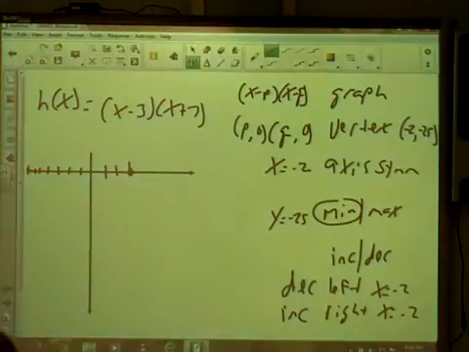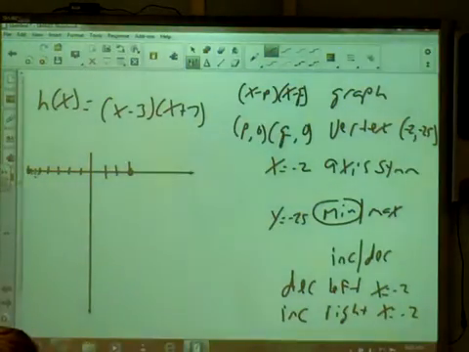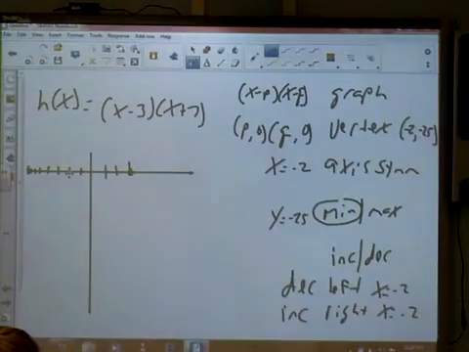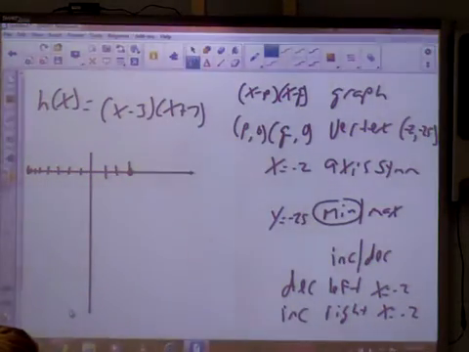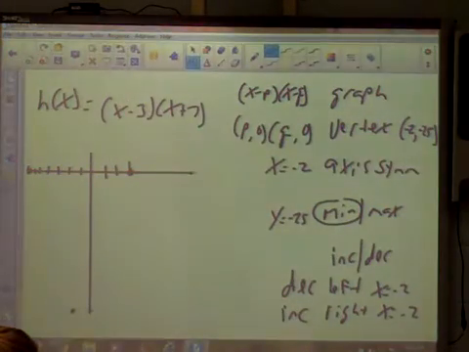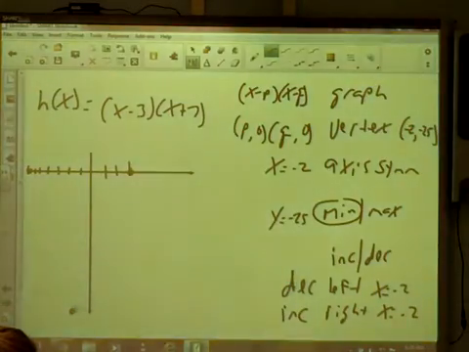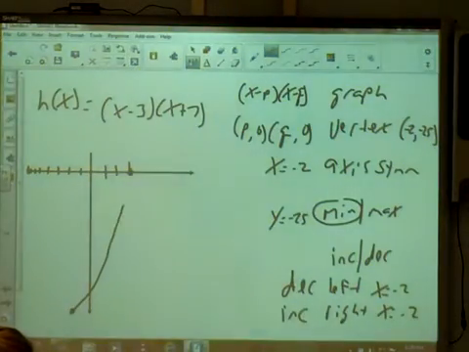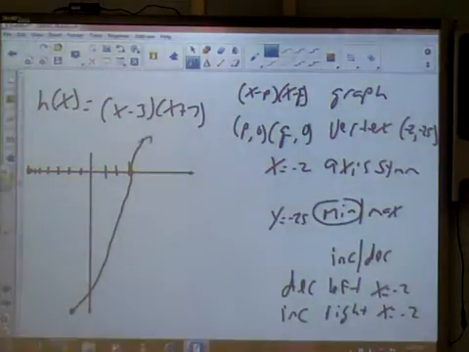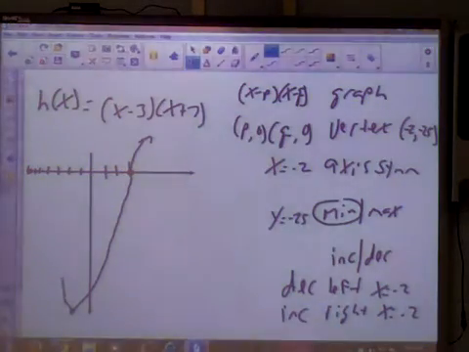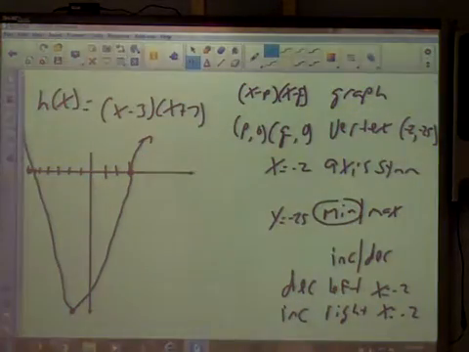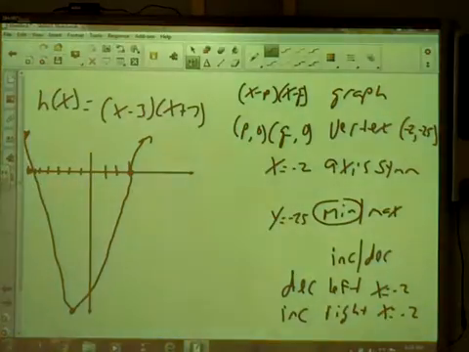So there's where it's going to cross. Its vertex is going to be at -2, -25. So that is enough. That's 3 points. You've got enough to draw your parabola. Hopefully yours is prettier than mine.